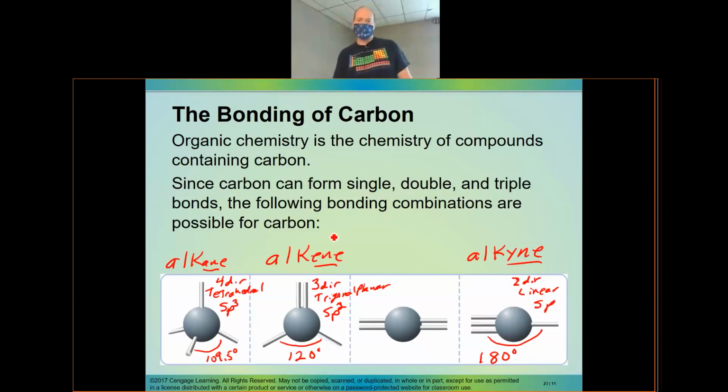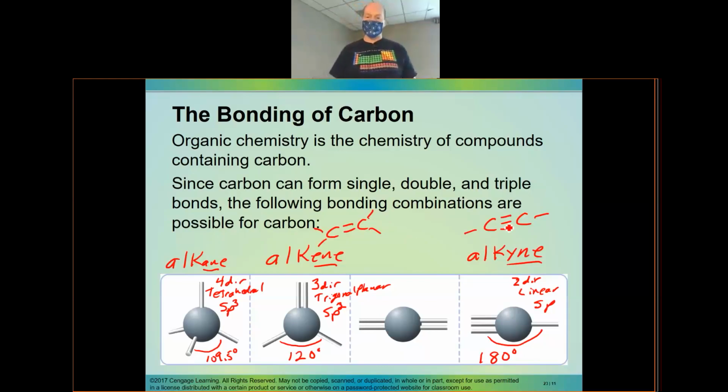ends in YNE, that means you have a carbon-carbon triple bond. All right, so anytime you have an alkene, you have a carbon-carbon double bond. Anytime you have an alkyne, you have a carbon-carbon triple bond. And then again, of course, carbon has to have 4 bonds. So when you put in your other bonds to make sure that your carbon has 4 bonds, your alkene will always look like that.